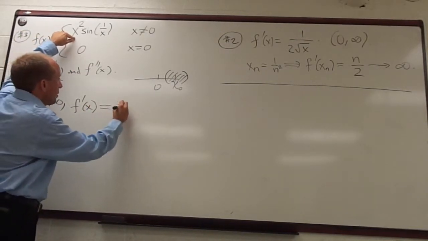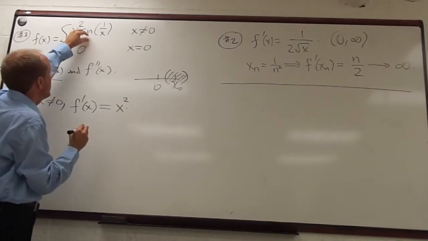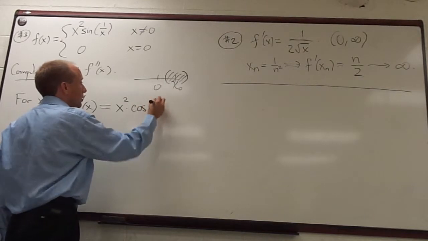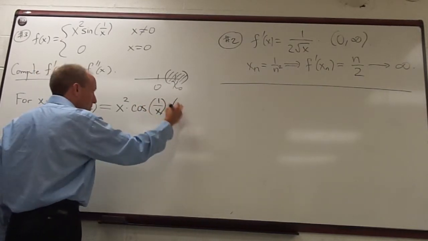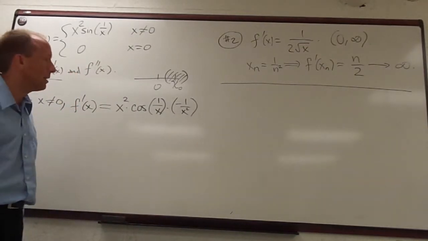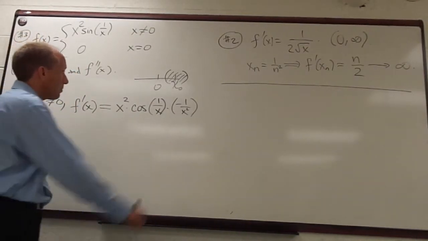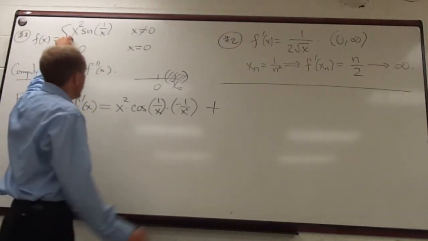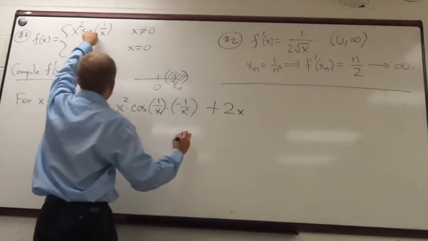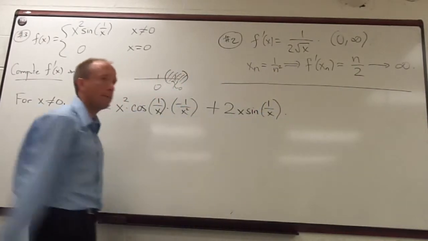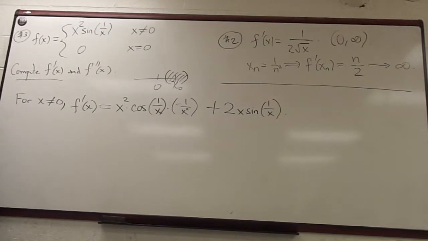The first term is x squared, and then the derivative of sine of a blob is cosine of the blob times the derivative of the blob, and the derivative of 1 over x is just negative 1 over x squared. Plus, we take the derivative of the first term, which is 2x, and multiply it by the second term. Make sense? Are we good with that?